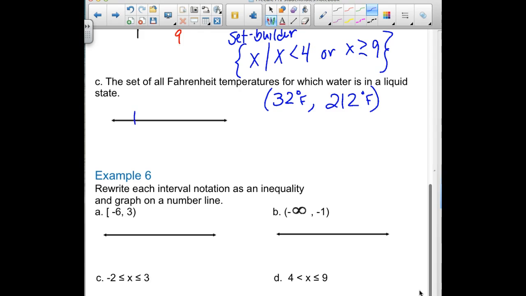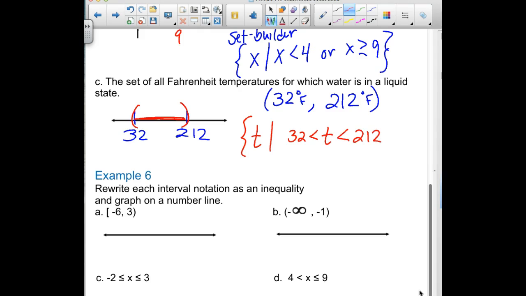So on our number line, we need 32, we need 212, and we want everything in between there. Okay, set builder notation. And we don't have to use an x since we're talking about temperature. We could say T such that 32 is less than T and T is less than 212.